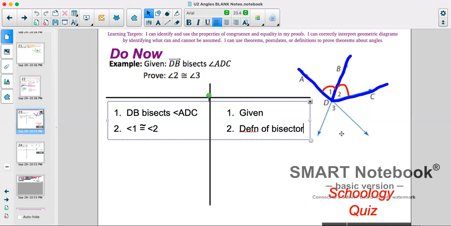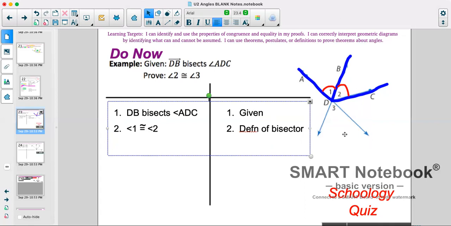Okay? So then the next thing that I want to go for is anything that will bring angle 3 into my problem. Well, why do you say that? Well, my proof statement involves angle 3, and I can't prove anything about angle 3 unless I bring it into the actual proof.